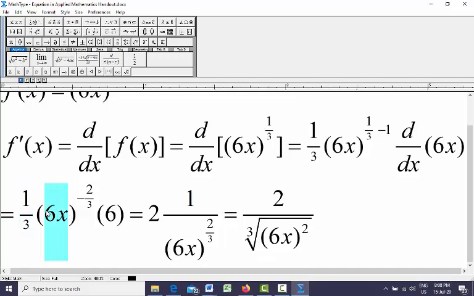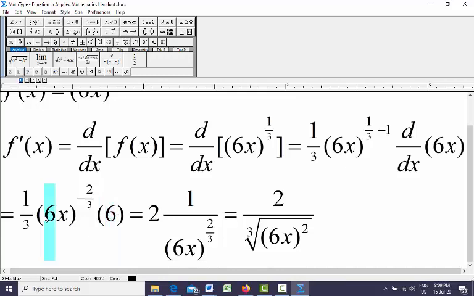This 6x is locked by this power. So that means you cannot multiply this 6 with this 6.